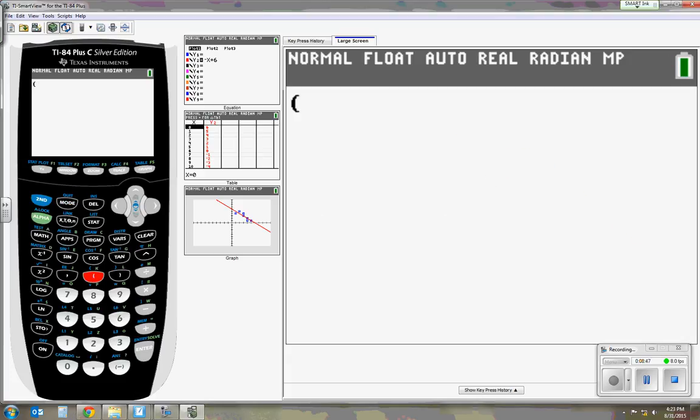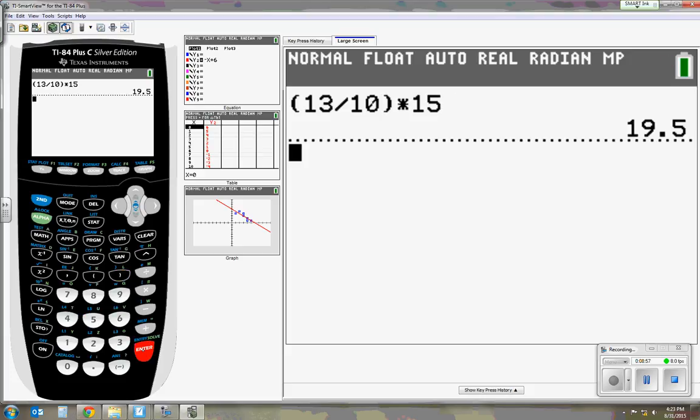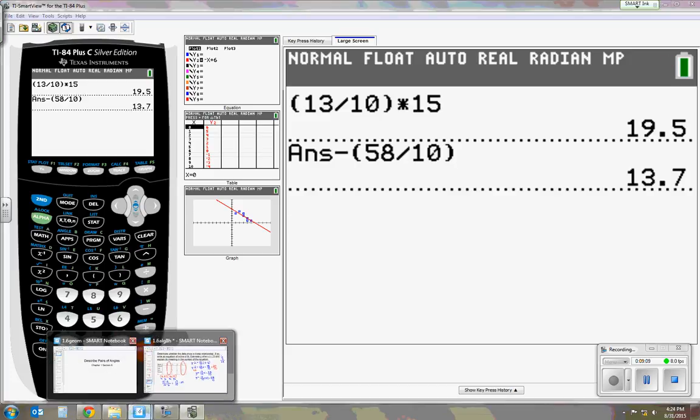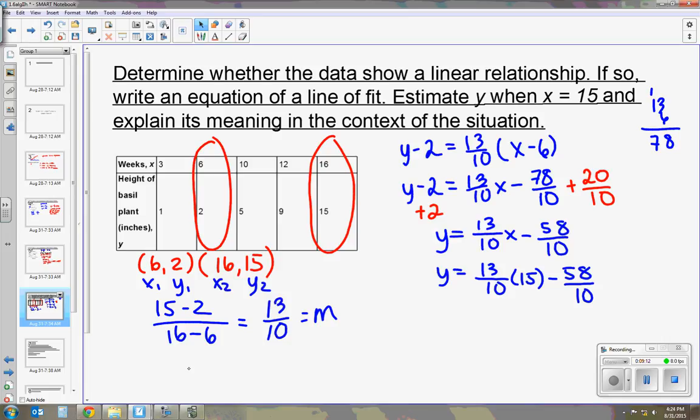So we're going to have 13 divided by 10 times 15. And then subtract that from 58 tenths. And we get about 13.7. Okay, so our y is going to equal about 13.7.